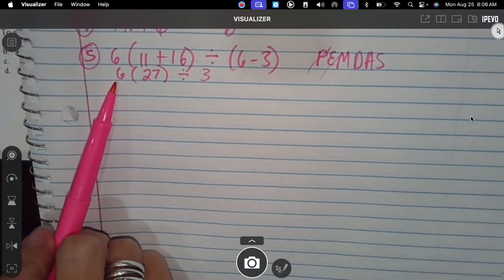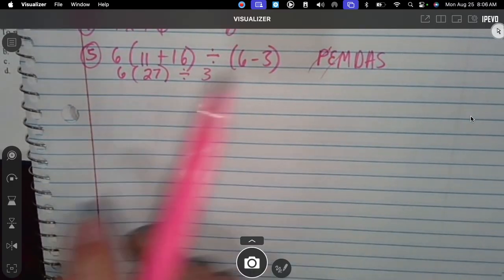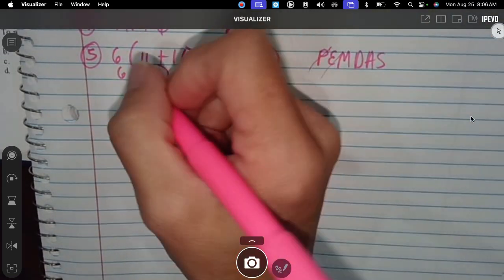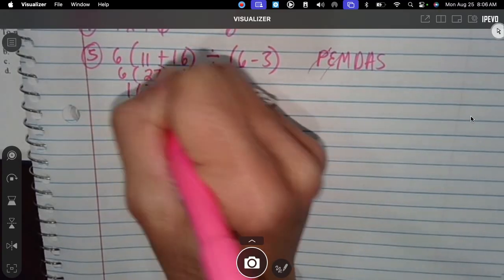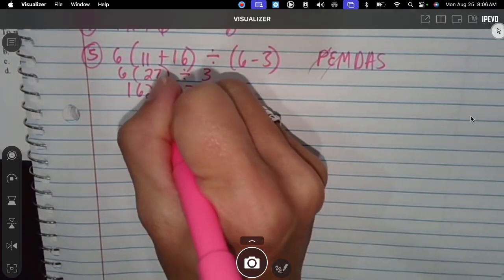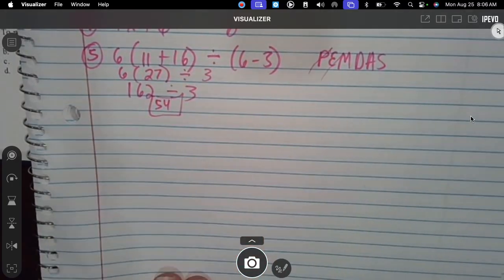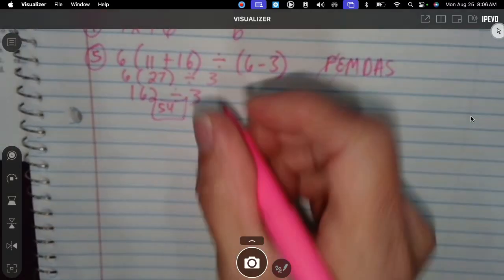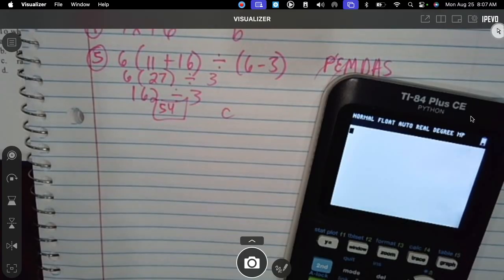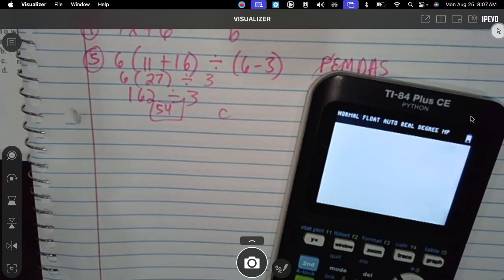So I would do 6 times 27 first. So if I do 6, you got it, 162? And then you would divide by 3. I'm just going to double check on that. 6 times 27, yep, divided by 3. And we get 54 as our answer, which is answer choice C. Now, if you are careful, you can actually plug all that in and check your answer, okay?